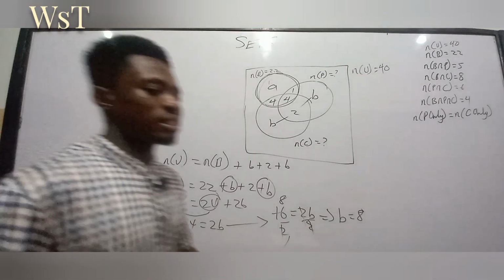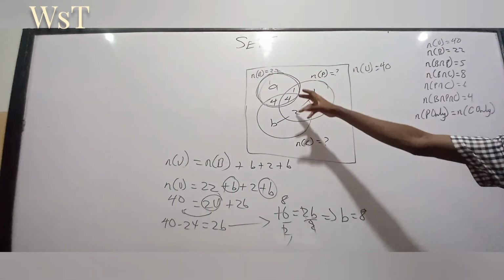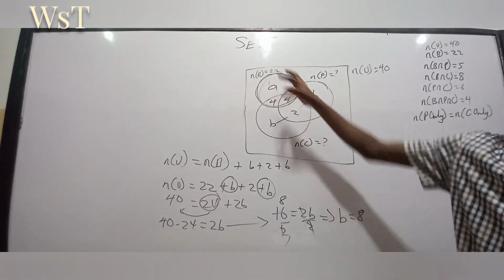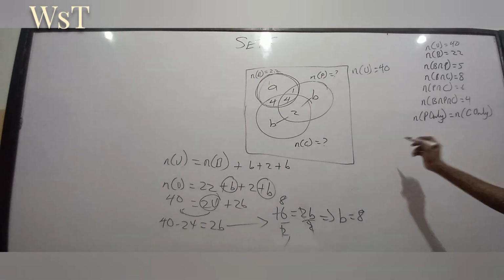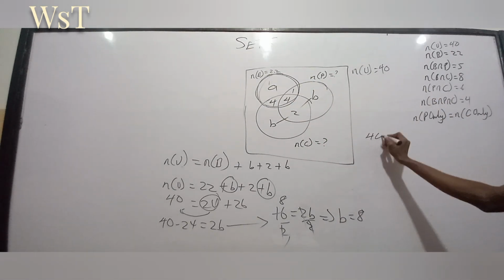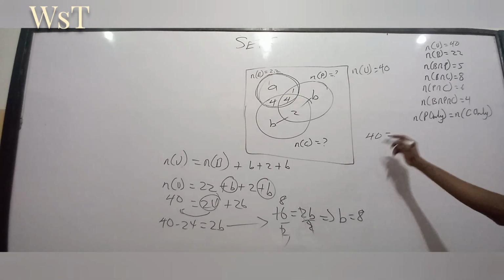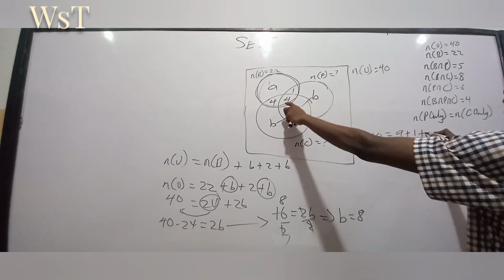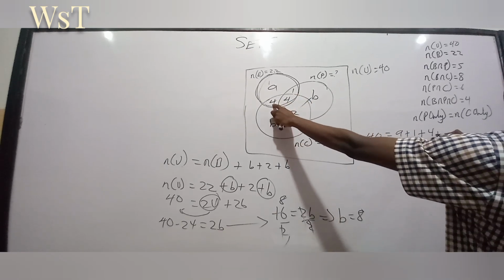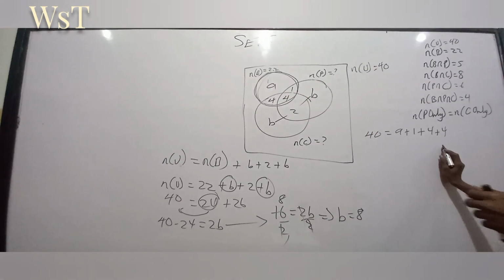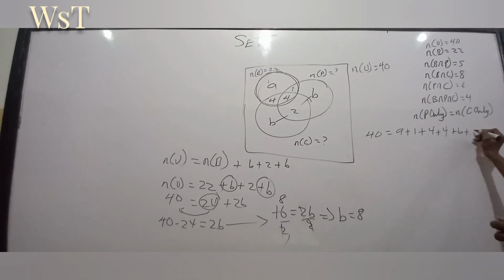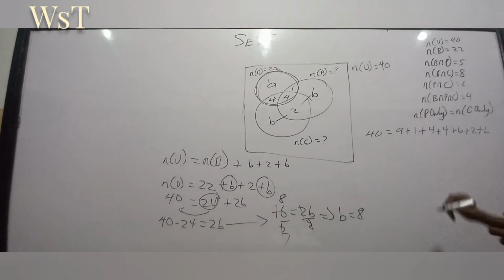What I'm saying is that everything in here is equal to 22. You can even do it this way. Since the union has been given, 40 is equal to A plus 1 plus 4 plus 4 plus b plus 2 plus b.